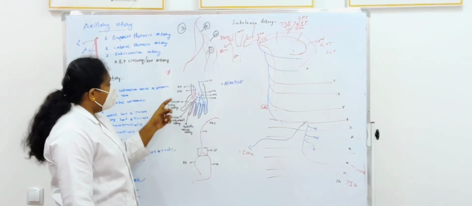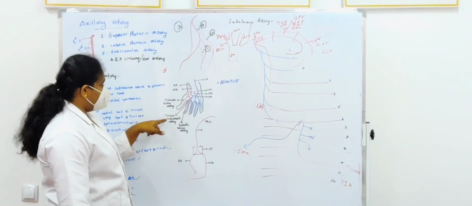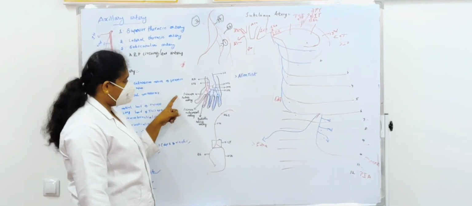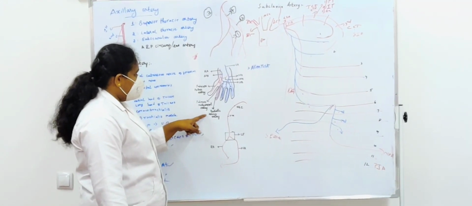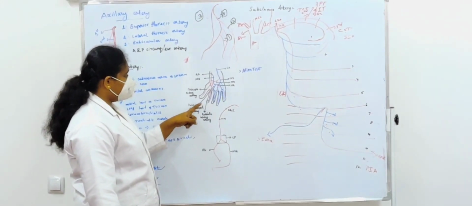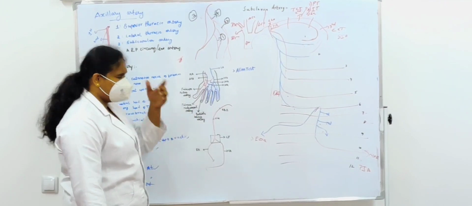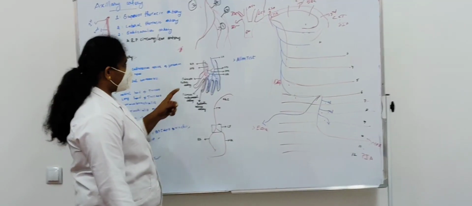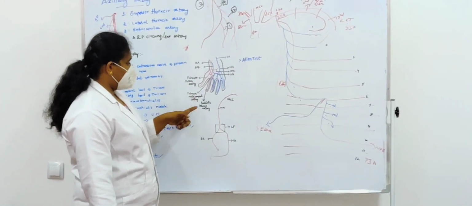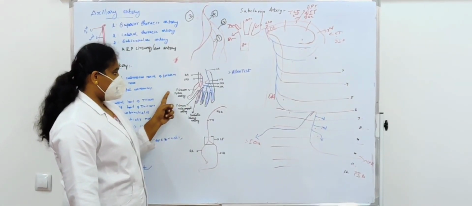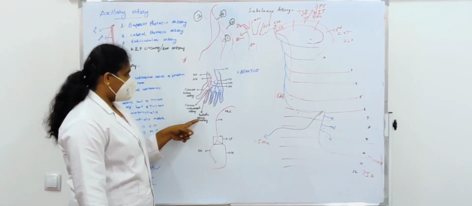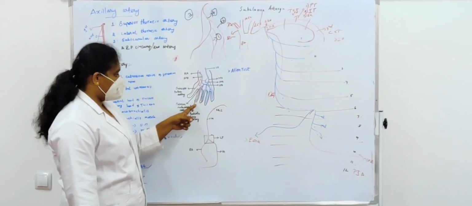The princeps pollicis artery gives supply to the lateral and medial part of the thumb, and the radialis indicis artery gives blood supply to the lateral part of the index finger.